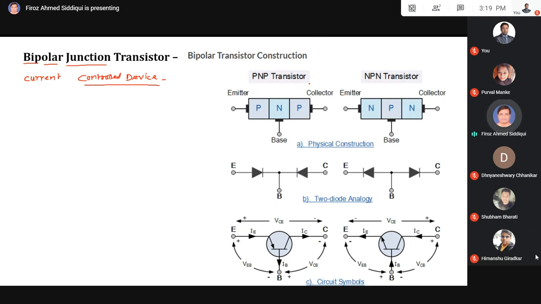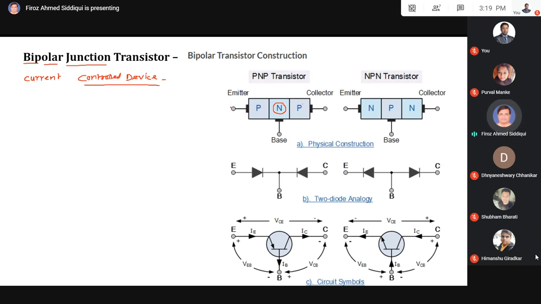So let us see the construction. There are two types of transistor, NPN and PNP. So in PNP type transistor, there is a P-type material, and in between there is an N-type material. दो जो P-type material है वहाँ पे दो electrode connect किए हुए हैं.